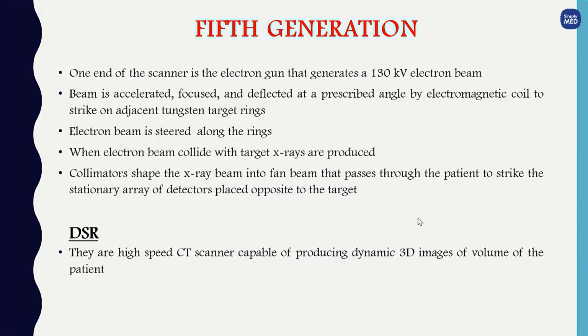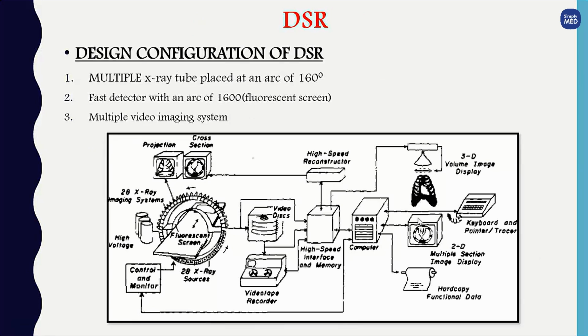And we have something called DSR, which is dynamic spatial reconstructor. So we get 3D images of the volume of the patient. There will be multiple X-ray tubes in an arc of 160 degrees, and we'll have a detector in an arc of 160 degrees. So like this, we will have multiple X-ray beams, and there will be multiple video imaging systems.